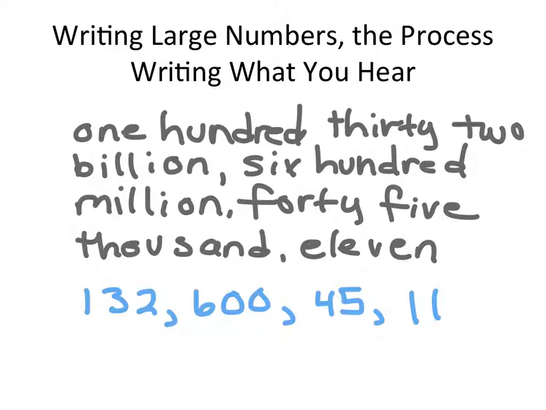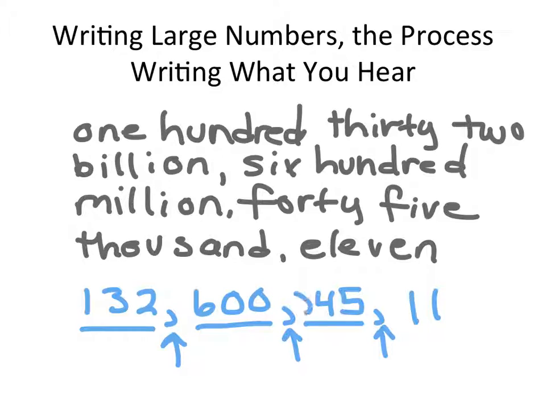Now I go back because I know that every family has 3 family members, and they all have to be represented somehow. But I need to represent them all in ways that won't change what the number says. So I have 132 billion, that's fine. 600 million, I have 3 family members and the name. 45,000. I need that to say 45, but I'm missing a family member.